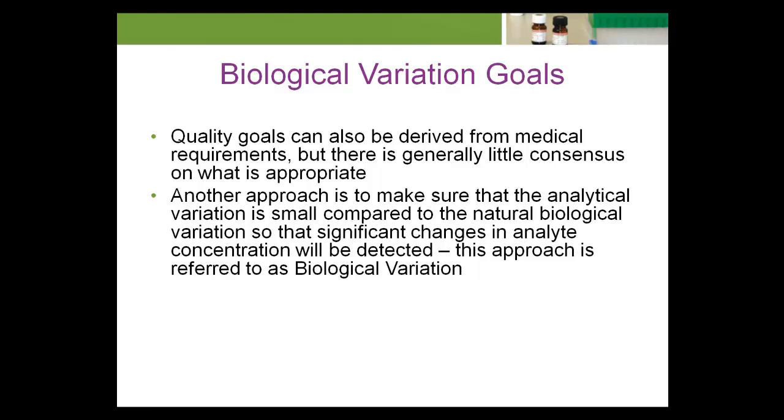However, there's no universal agreement on what the medical requirements are. Biological variation is an approach that uses the within-person variation and between-people variation of the analyte in question to derive the maximum amount of analytical error that can be tolerated without adversely affecting the value.